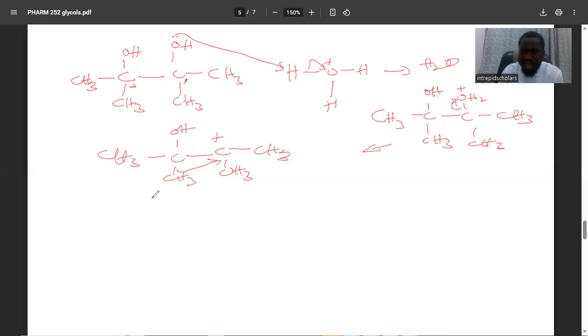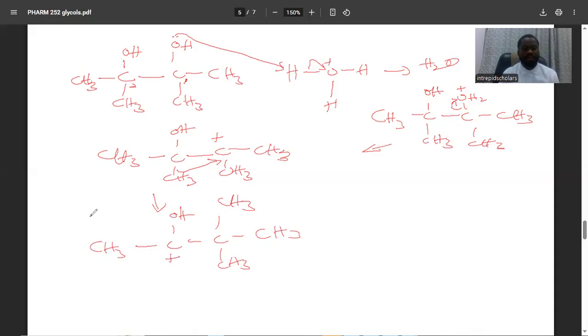The methyl is a specific alkyl group that we are talking about now. So we'd have something like this: CH3, C, OH, C, CH3, CH3. Now the CH3 will move here, so CH3 will come here, and then the positive charge will be here.